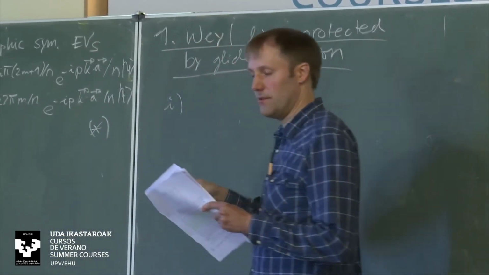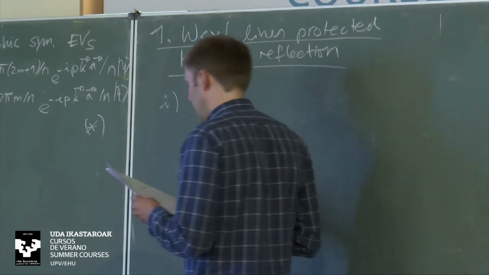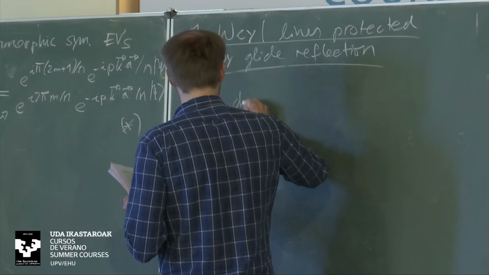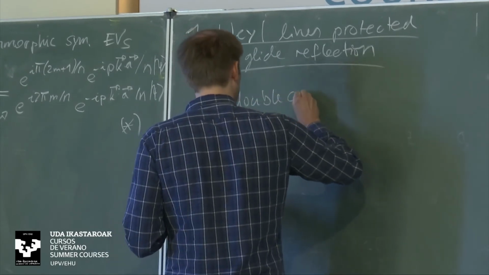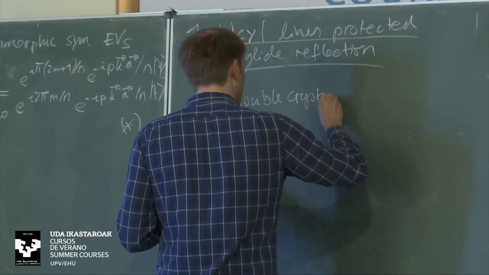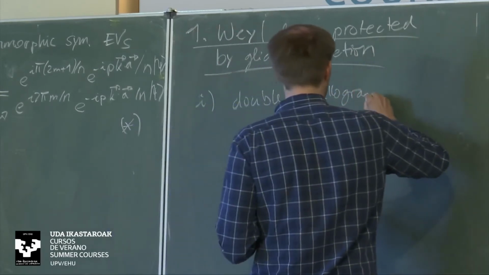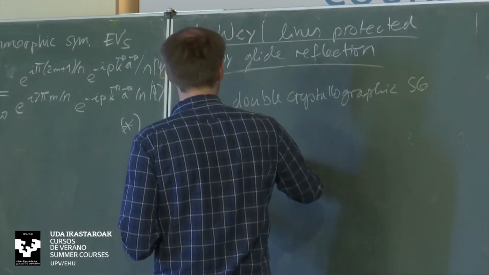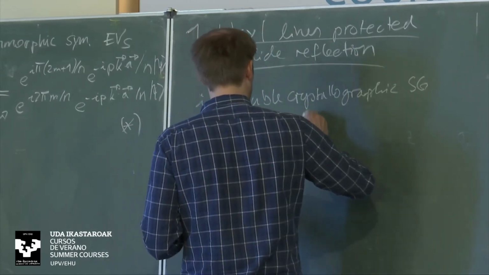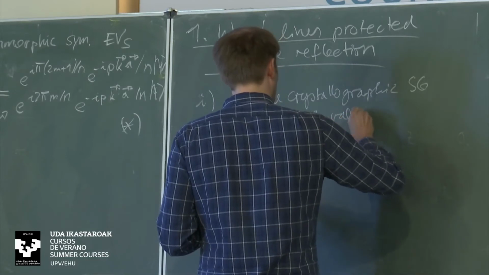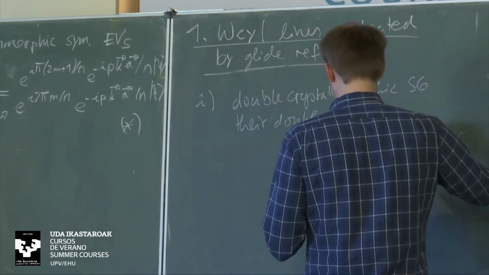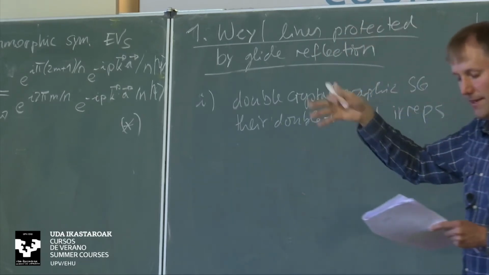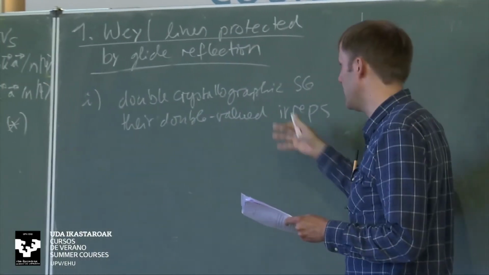Because we want to include spin-orbit coupling, we'll have to consider the so-called double crystallographic space groups, and they have double-valued irreducible representations. This is basically because we have this factor of -1 to the spin part.